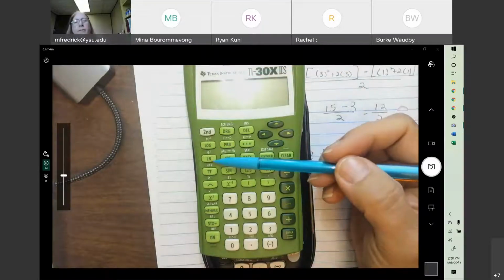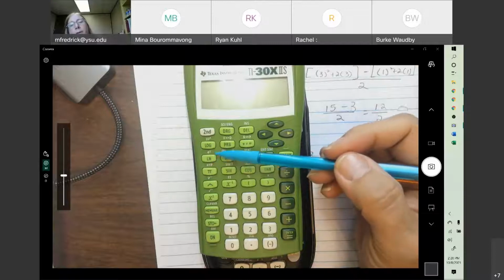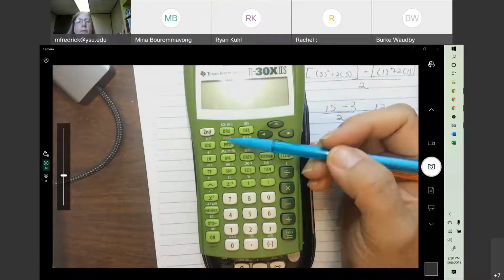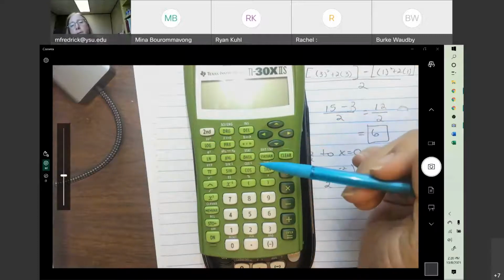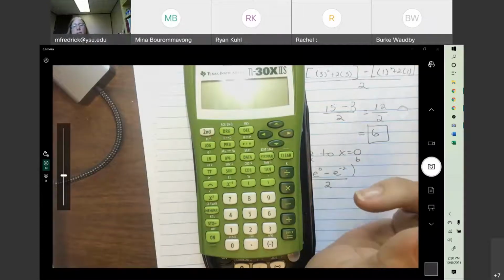Natural log and E are inverses, so find your natural log and you'll find your E. The log and base 10 are inverses, so those are always together also.